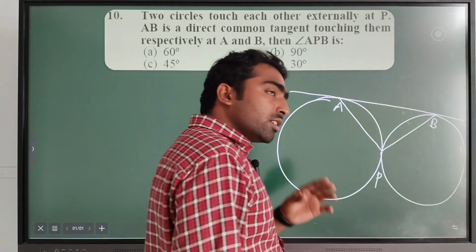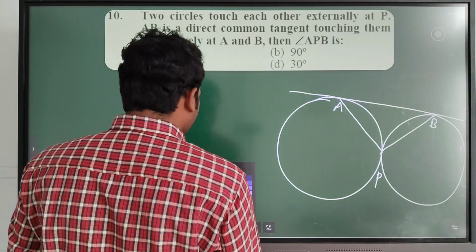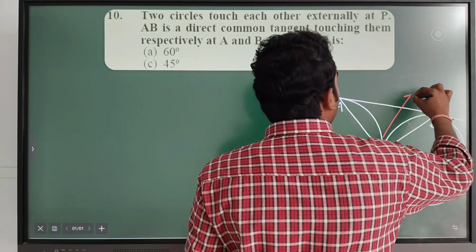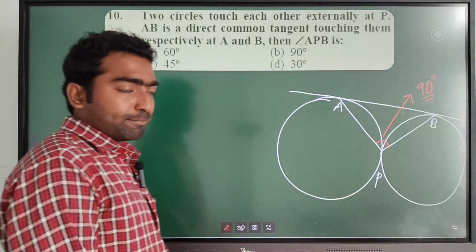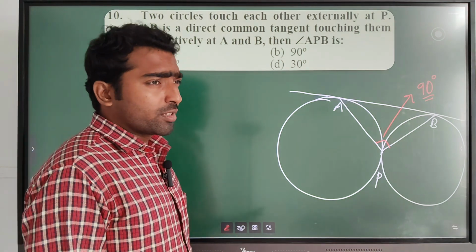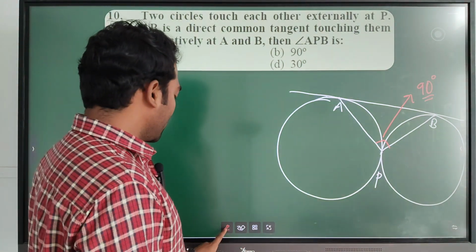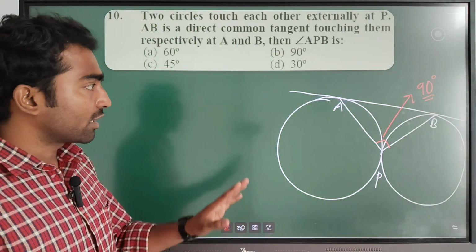So this is the theorem in class 10th. Then this value will be what? This value will be 90 degrees. You have already studied this in your class 10th. So we are not using any new concept for this particular question. You can use the theorem that you had already studied in your class 10th.